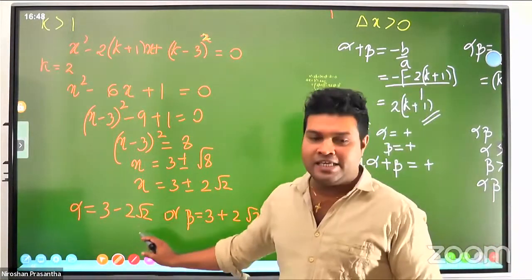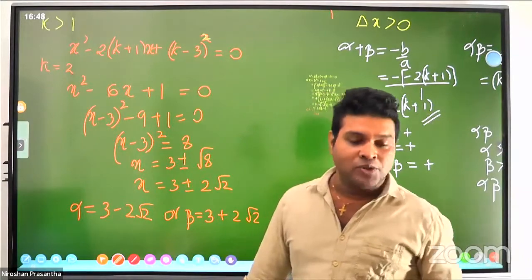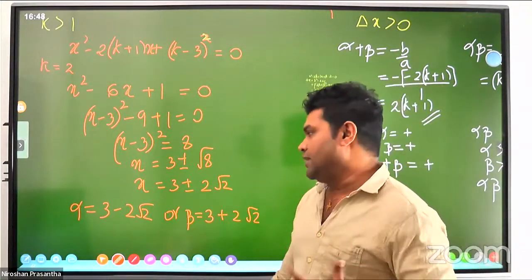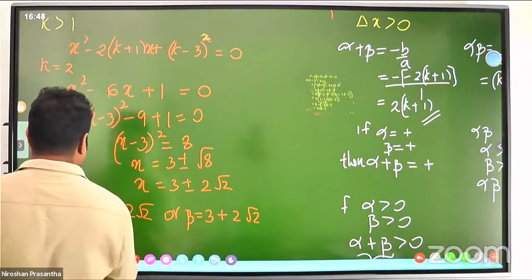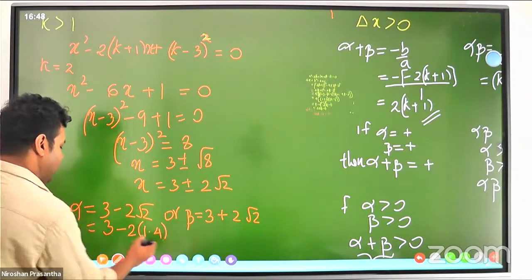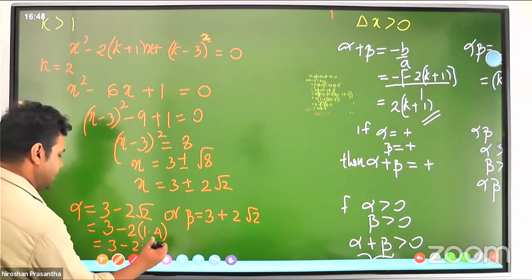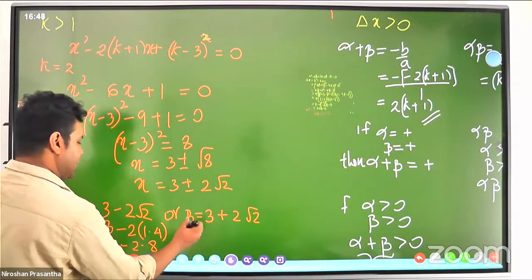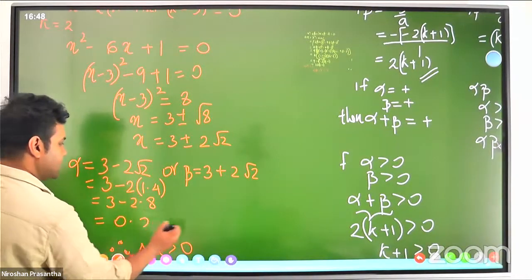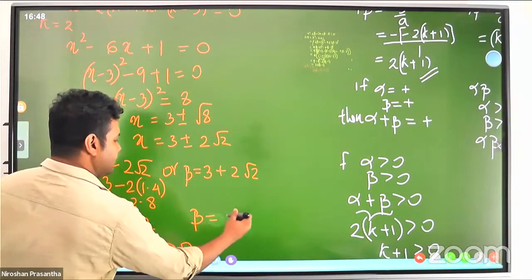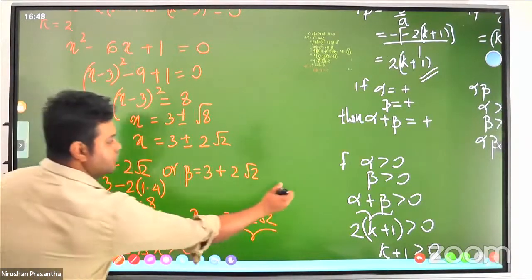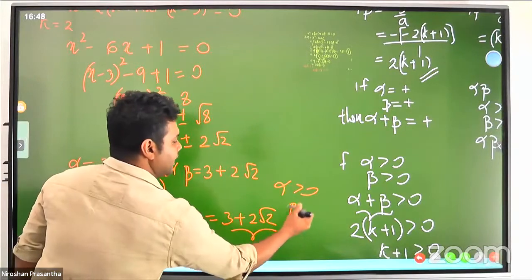We have to check alpha is positive. You can calculate using a calculator, or with a rough idea, root 2 is 1.4, so 3 minus 2.8 is 0.2, positive. And beta, 3 plus 2 root 2, is always positive. Both roots are positive.